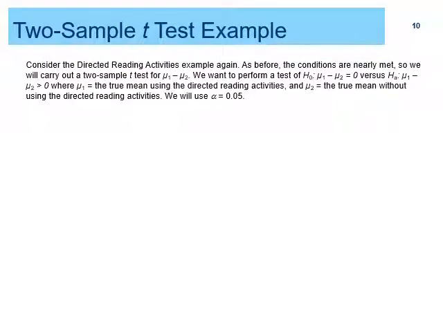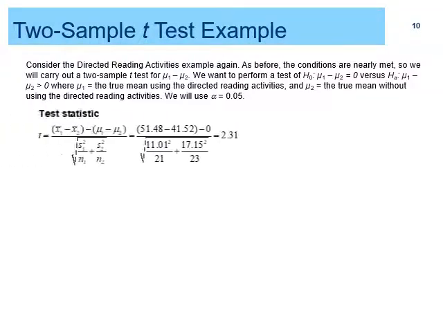So now we are considering the same example, and as before the conditions are nearly met, so we will carry out the test. The null hypothesis is mu1 minus mu2 is equal to 0, whereas the alternate hypothesis is that it is greater than 0, where mu1 is the true mean using the directed reading activities, and mu2 is the true mean without using the directed reading activities, and we will use alpha equal to 0.05.